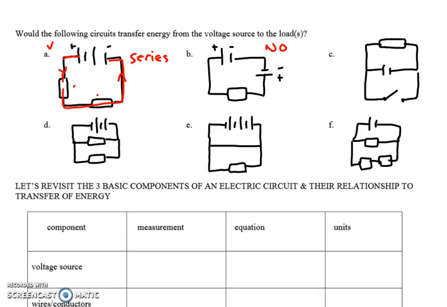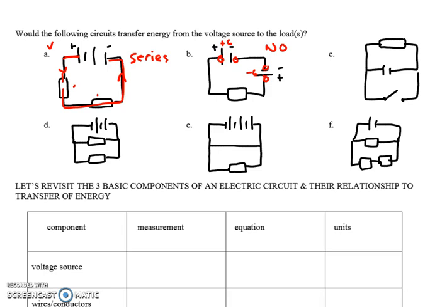It's basically because we have the positive connected to a positive, and if you will, between them, the negative connected to a negative. And when you have a negative connected to a negative, or a positive to a positive, there is no potential difference across the circuit. While this might have a positive 6 potential difference, this would have a negative 6 because of the way they're connected. So they're opposing each other, nothing happens.